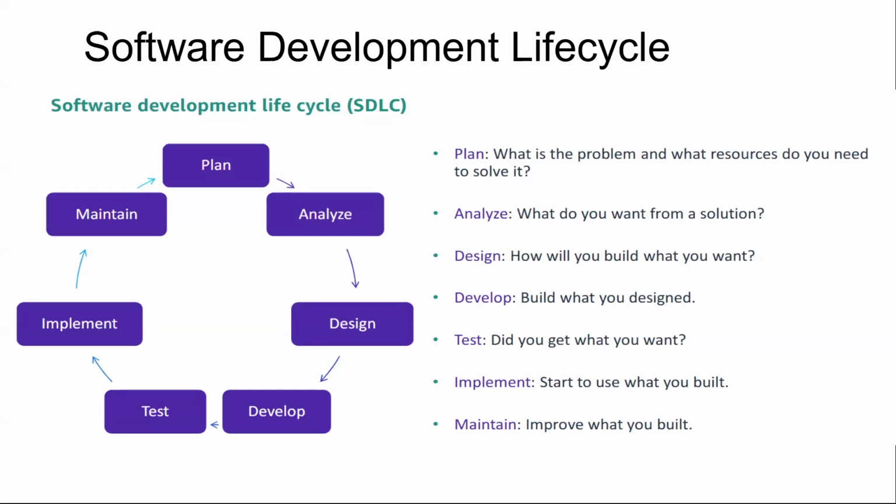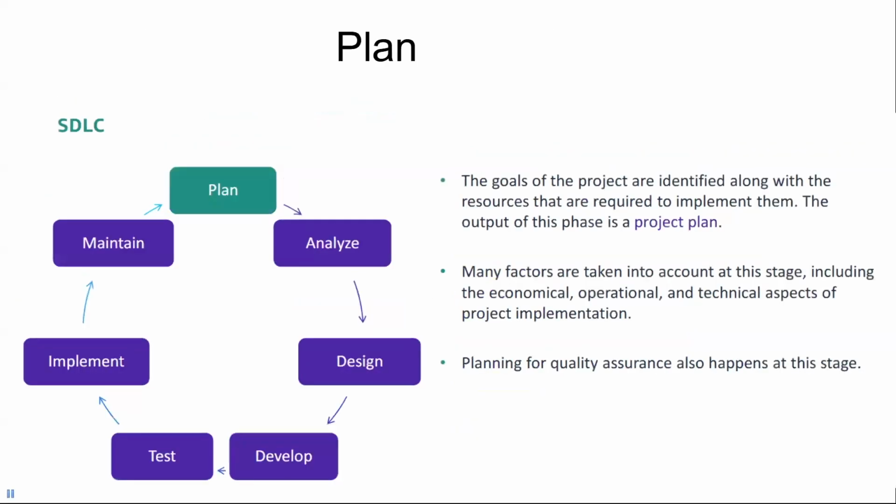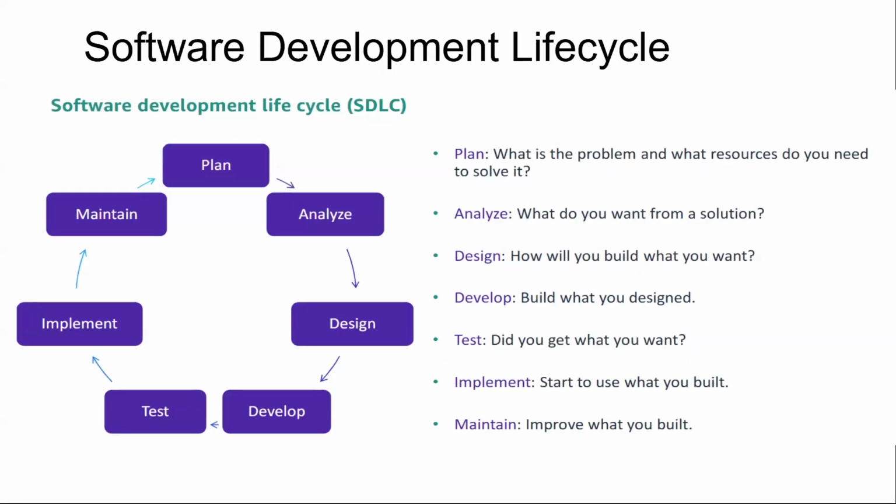Then you're designing how exactly it should look, based on the customer requirements. Then you're building what you have designed and checking whether it is working properly or not. Next you're implementing whatever you have designed, developed, and tested. Then if it is okay, you're trying to maintain it. These are the different steps in your software development life cycle.